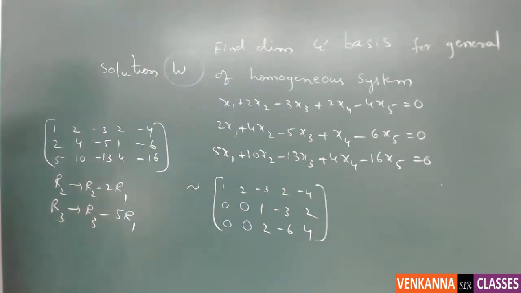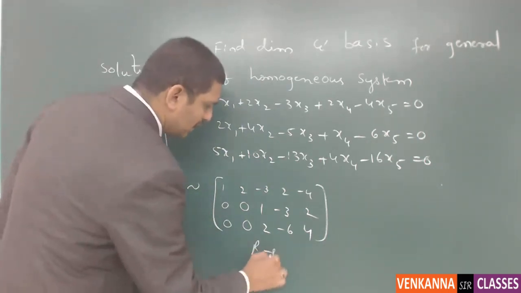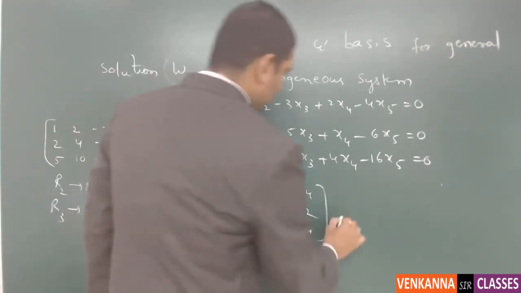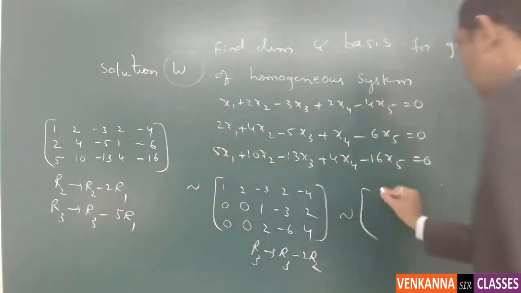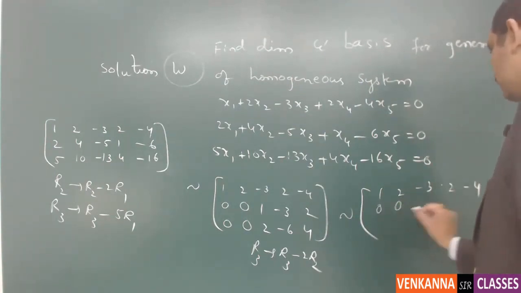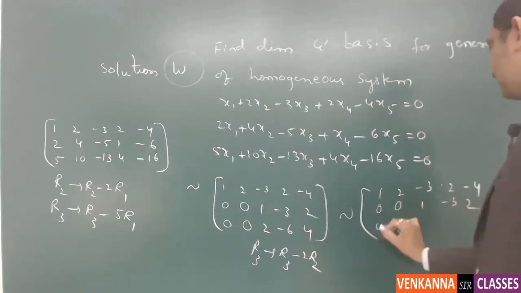Again applying the operation R3 tends to R3 minus 2R2 gives 1, 2, minus 3, 2, minus 4, then 0, 0, 1, minus 3, 2, and 0.